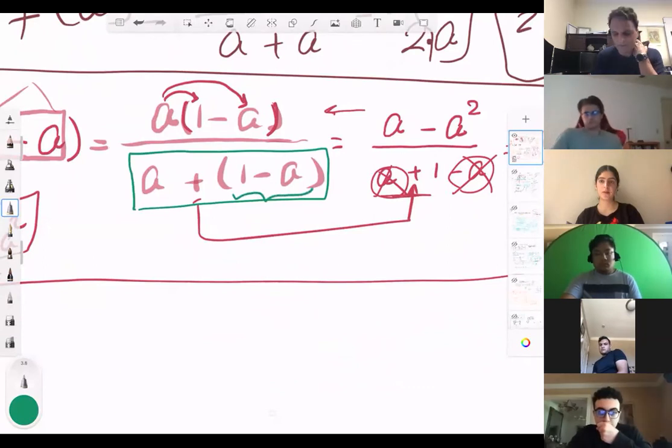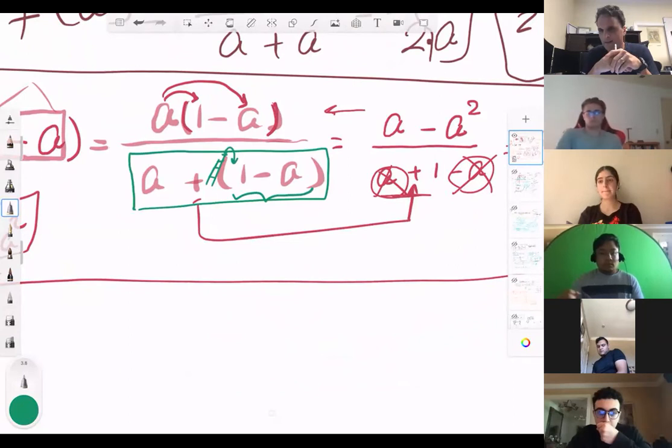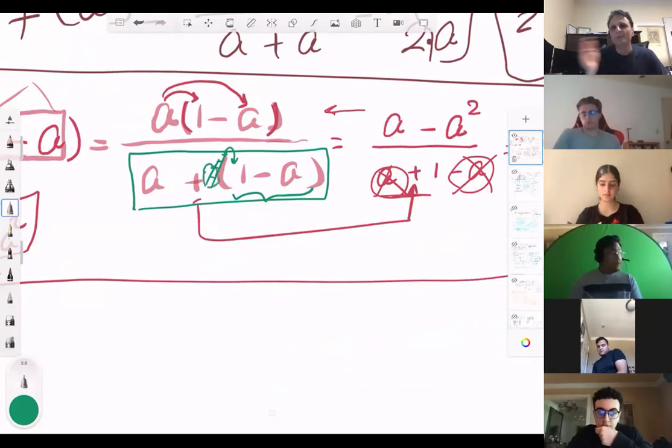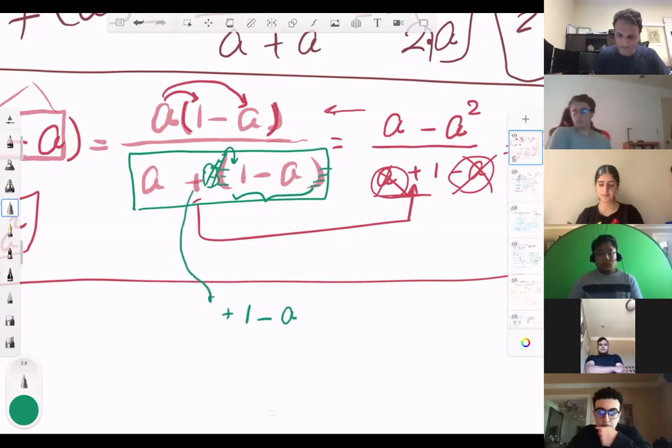I will go inside the parenthesis first to see if we can simplify it or not. 1 minus a, we cannot simplify, correct? There's nothing we can do. So the next step is, if there is a number here, we should distribute it inside, but there's nothing. So I can remove the parentheses. So it will be 1 minus a, and we had plus here, and a here.